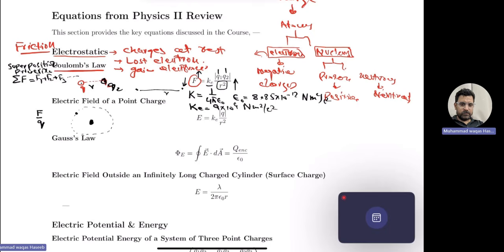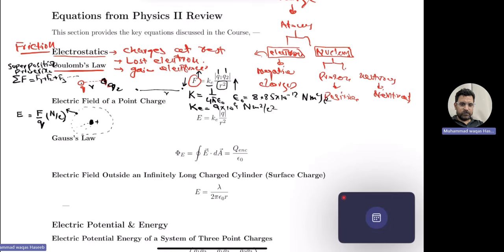If you place a positive point charge, the field lines are like this. So every charge has an area or vicinity in which it attracts or repels any other charge due to the electric field. An electric field is defined as force per unit charge, having the unit Newton per coulomb.